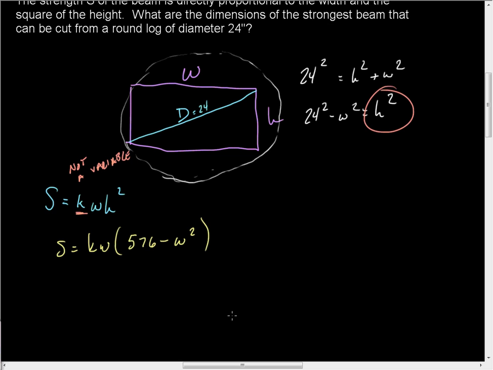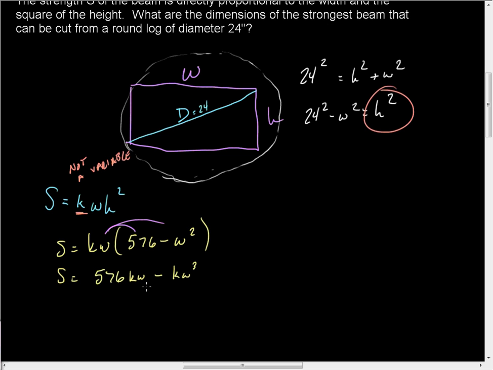And if we go ahead and expand this out, which I think is easier to take the derivative of, then we have K, we'll say 576Kw. Most people like the numbers out front. 576Kw minus Kw cubed. All I'm doing is simply distributing that across.